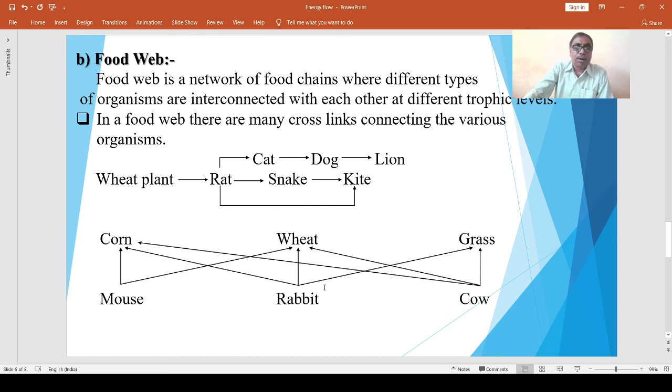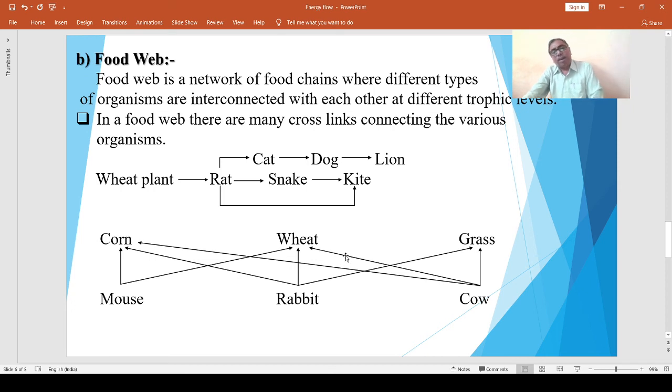In the ecosystem, food energy moves from the green plants to the top carnivores in one linear food chain. But in nature, it is not operating like that in an ecosystem, and energy is transferred from producer to top carnivores through more than one food chain, which forms a complicated pattern known as food web.